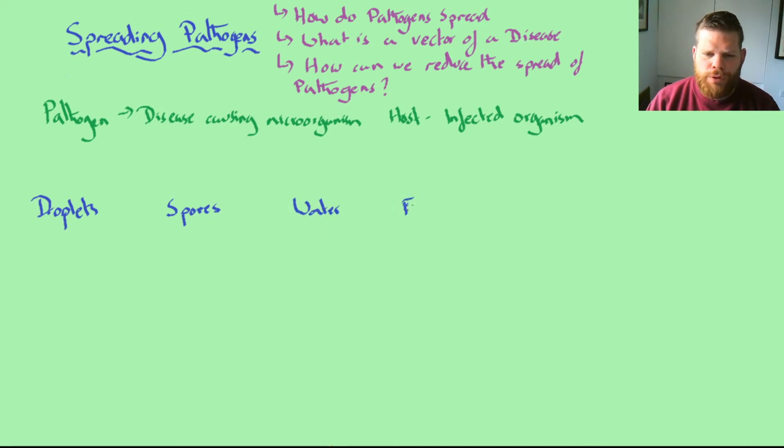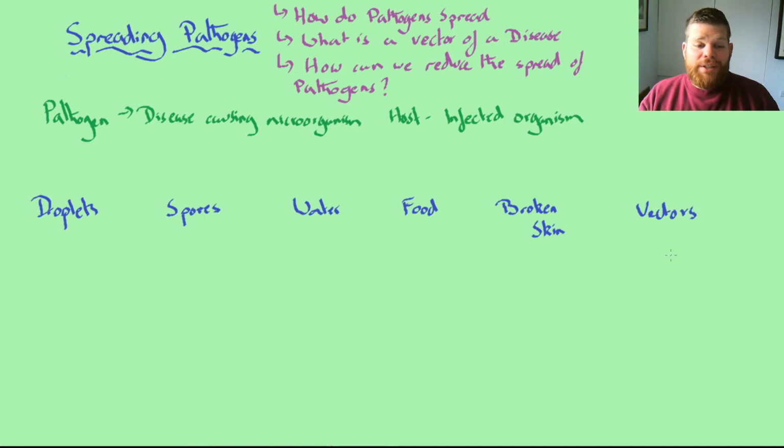We have food. We have broken skin. And last, but by no means least, we also have vectors. So these overall are the different ways in which a pathogen can be spread. Now let's look at each one in a little bit more detail.